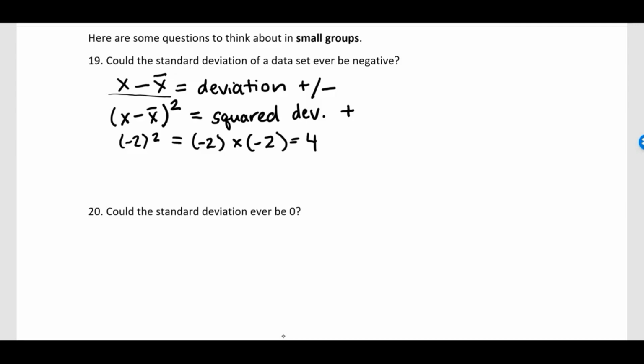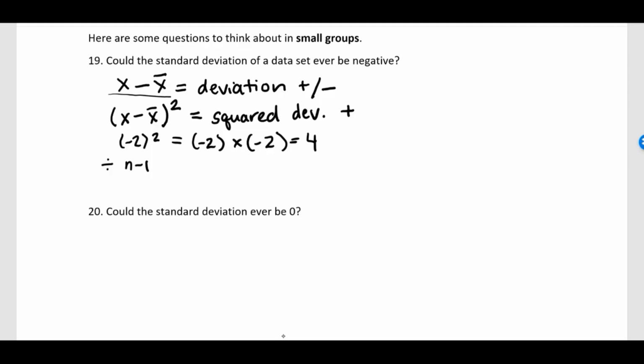When we get a little further on, we end up dividing by n minus 1, whatever that happens to be. Is n minus 1 going to be positive or negative? It's always going to be positive. The only way you could have a negative is if you had a sample size of 0 or less, which is not possible. Then you have no sample, or negative people, which doesn't make any sense.